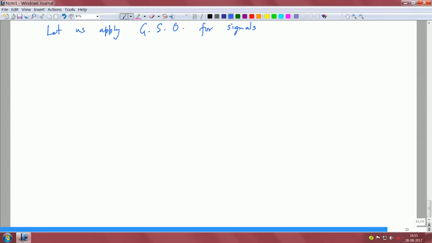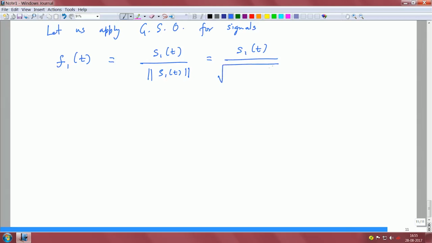Exactly the same way that we did, you start with the first basis. So, I have S1 of t divided by the norm of S1 of t. This norm is basically 1, right. So, at least I am setting this to norm 1. So, this is S1 of t divided by square root of integral of S1 square t dt, right.